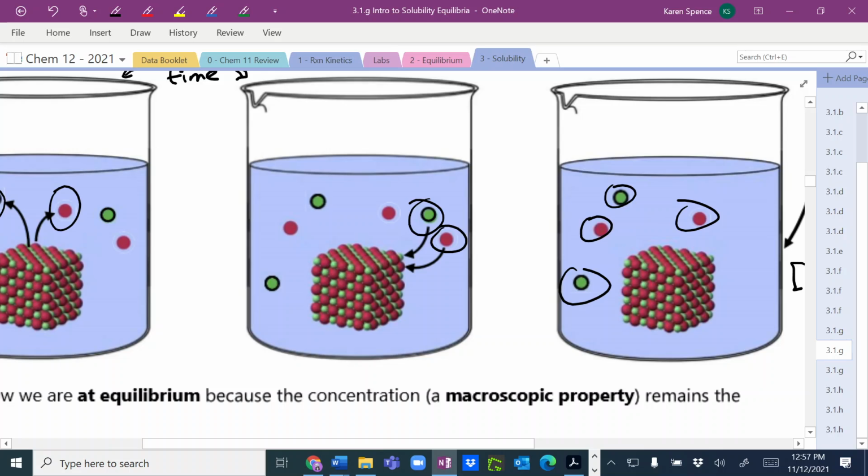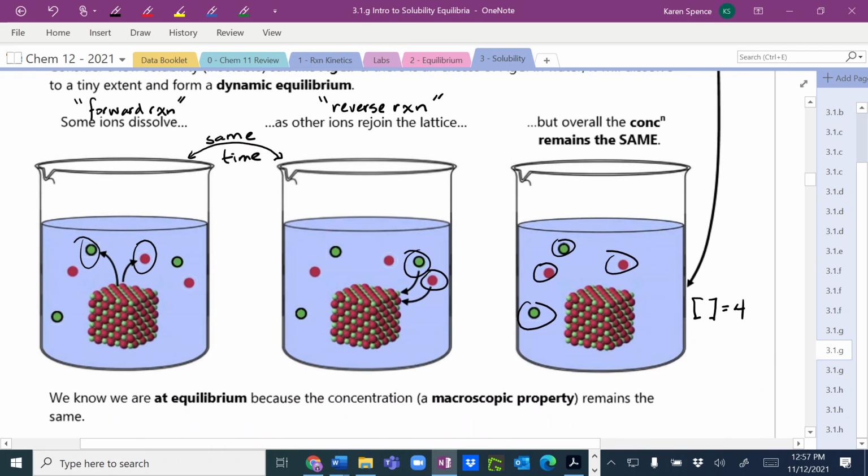What kind of a property is concentration? Yes, it is a macroscopic property. And what do we know about macroscopic properties at equilibrium? They do not change. Okay? Macroscopic properties do not change at equilibrium.